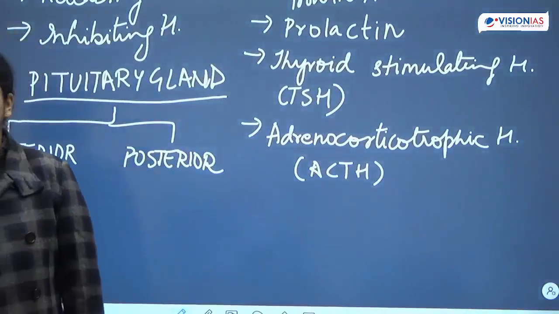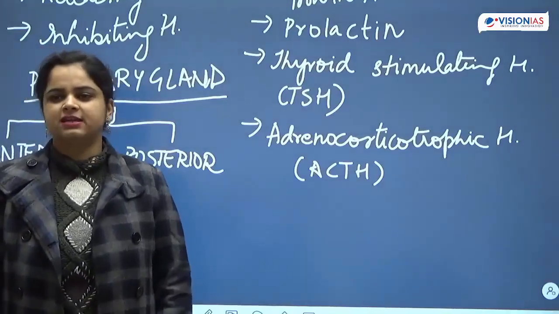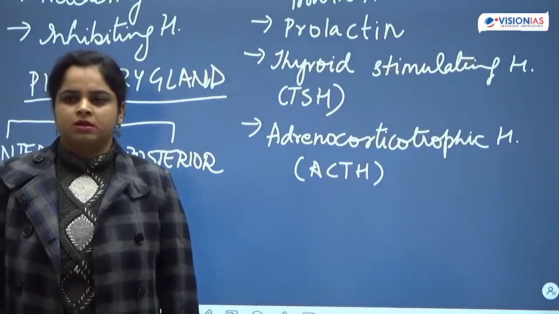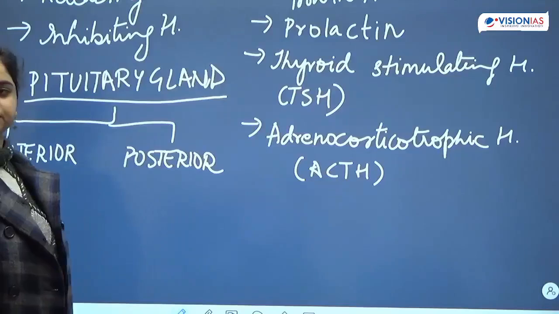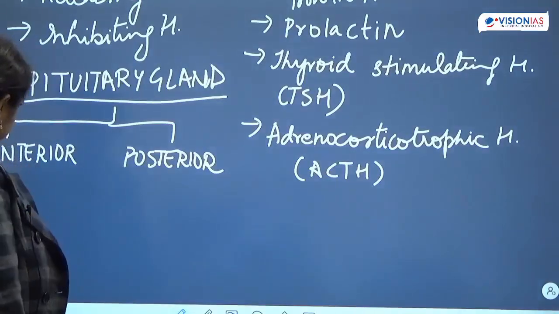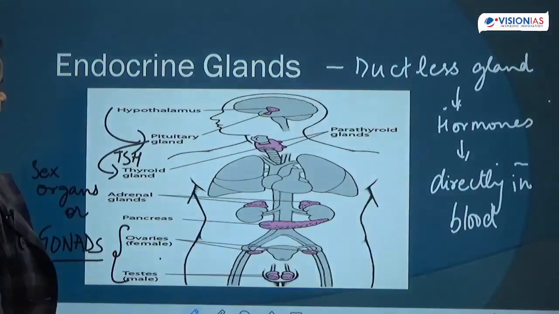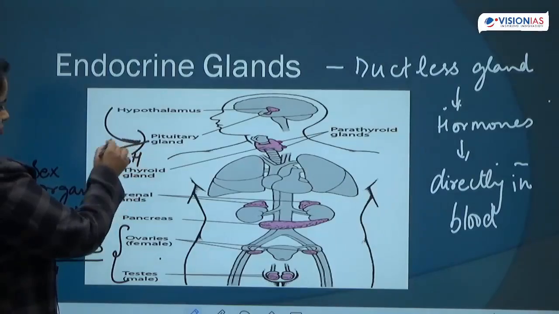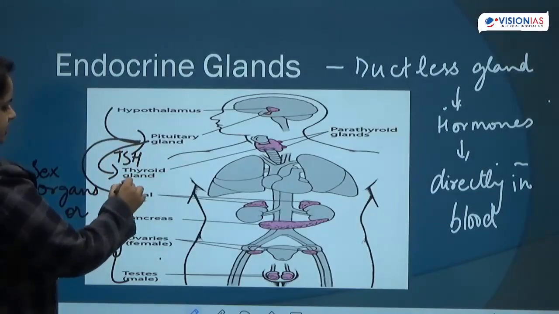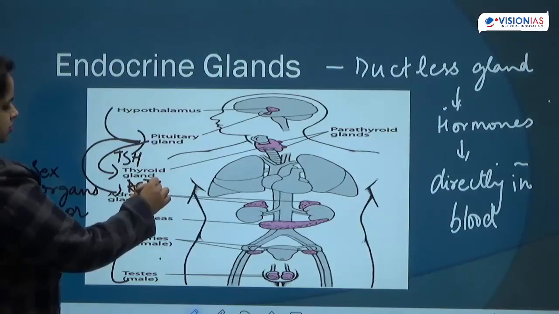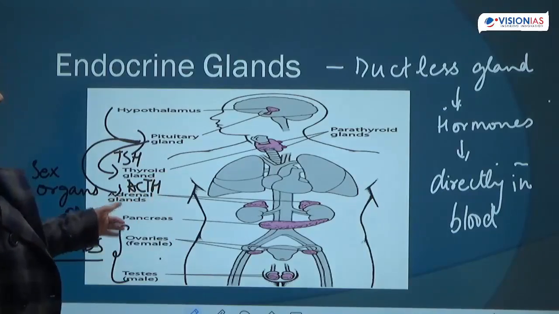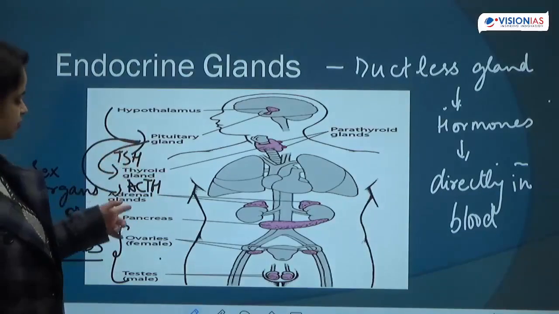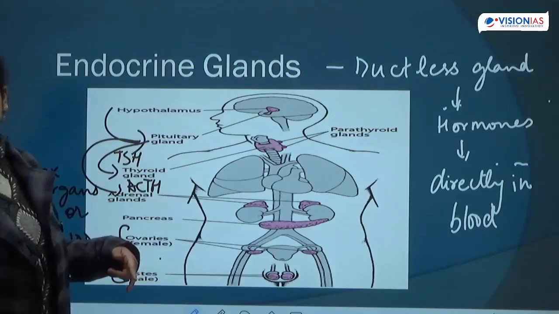Adrenocorticotropic hormone or ACTH. Just like TSH stimulated the thyroid gland, we have ACTH stimulating, from the pituitary, the adrenal glands.